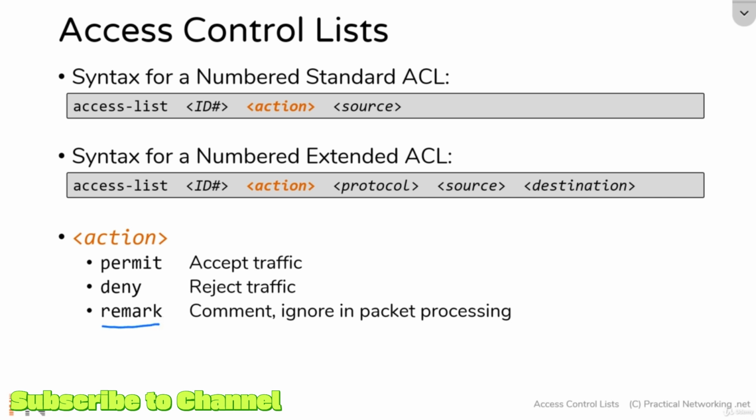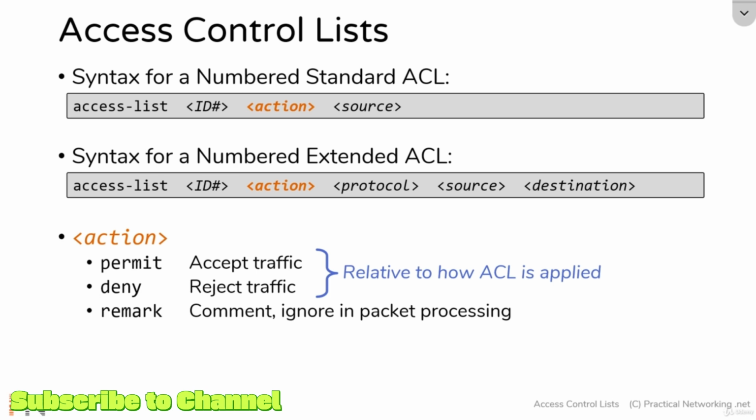When you use the action of remark, it turns the rest of the syntax into a free text field, and you can type whatever you want. You can say something like, I created this access list on such and such date, or in response to such and such ticket number. It's just a simple comment. These two, however, are actually processed against traffic. This permit and deny statement are relative to how the access list is applied.